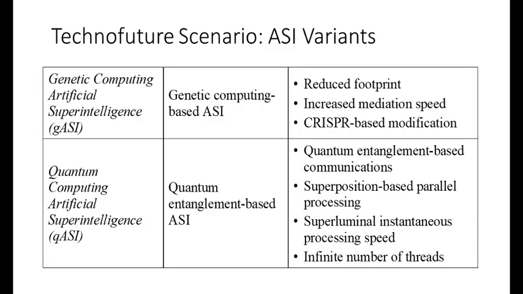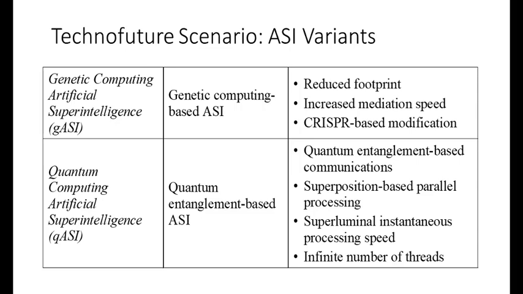Another future scenario may well be artificial superintelligence variants, and two in particular. The first being genetic computing artificial superintelligence that, among other technologies, will utilize CRISPR-Cas9, or more likely, more advanced genetic editing technologies to achieve modifications that are not available today.